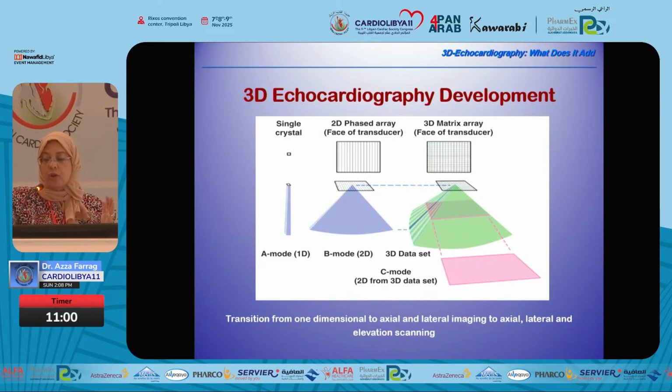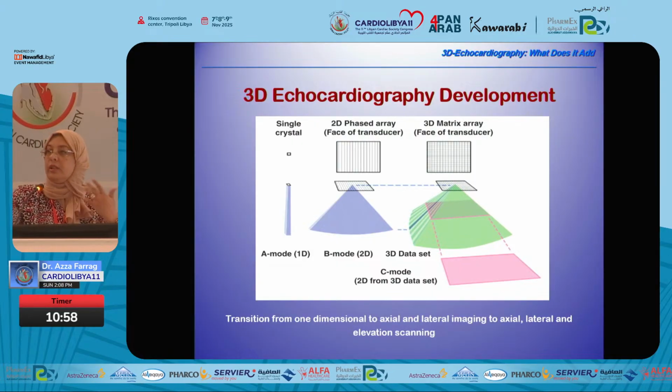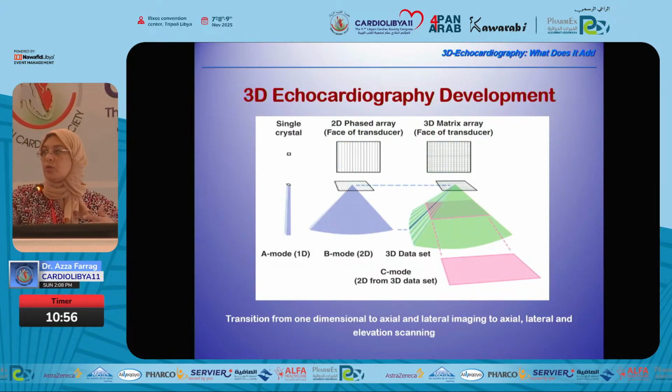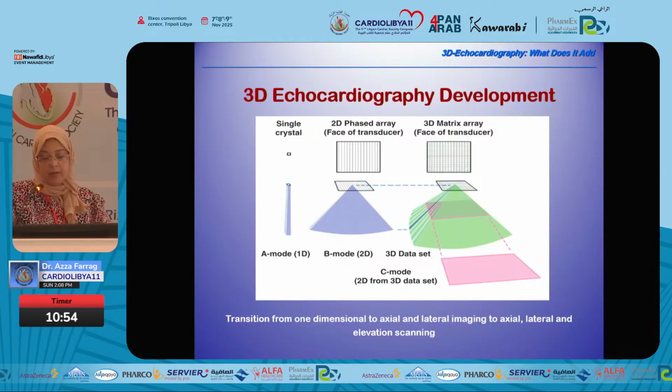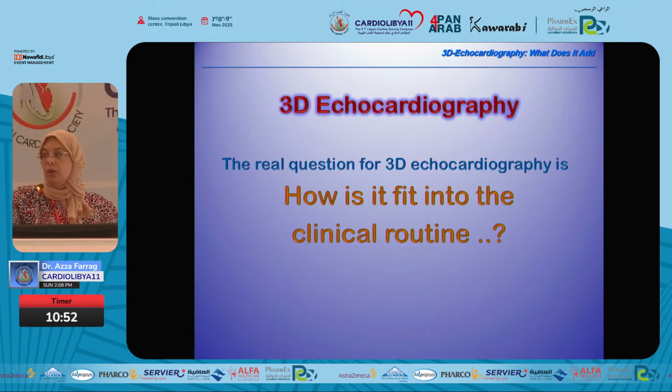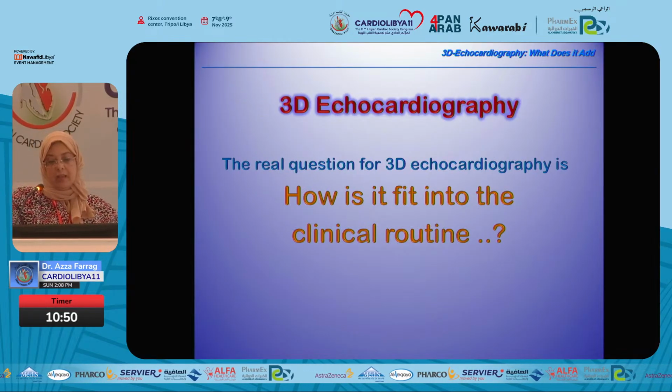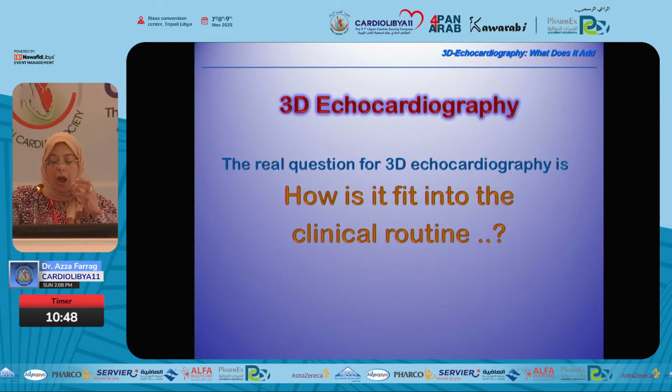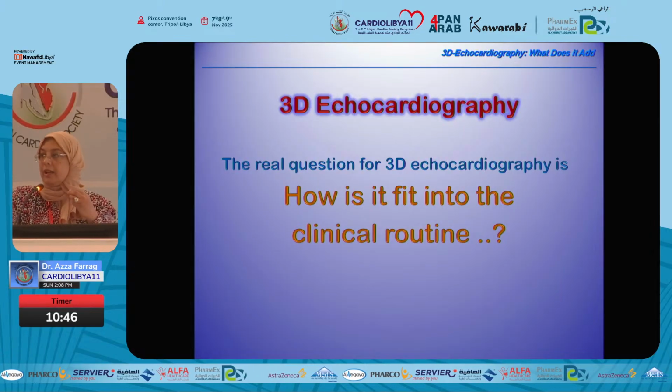So we changed from A mode to B mode to the three-dimensional data set, or what's called the pyramidal shape images of real-time three-dimensional echo.